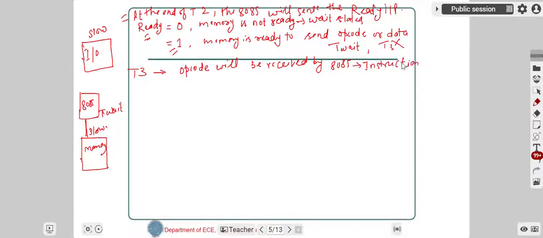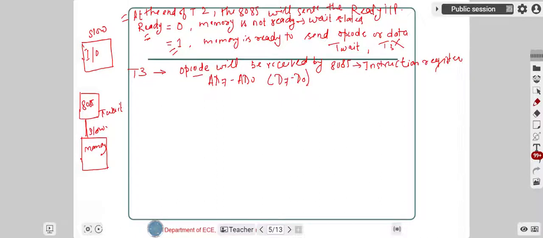So this is how the instruction register works. Our opcode is stored in the instruction register at the beginning of the T3 state. And through what lines is this opcode received? It is received through AD7 to AD0, which are now working as D7 to D0 pins.